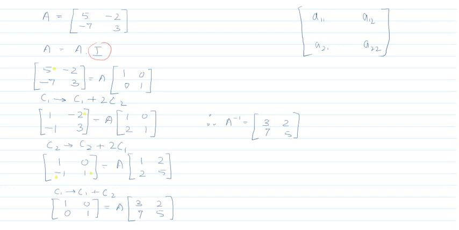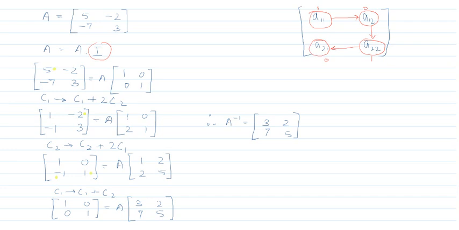The very first thing that we'll be starting with is to convert this element into 1. As soon as we have converted this into 1, we move on to the next element, which will be making it as 0. And after we make that element to be 0, we move on to this element A22, convert that into 1, and finally to this element which will be making it to be 0.